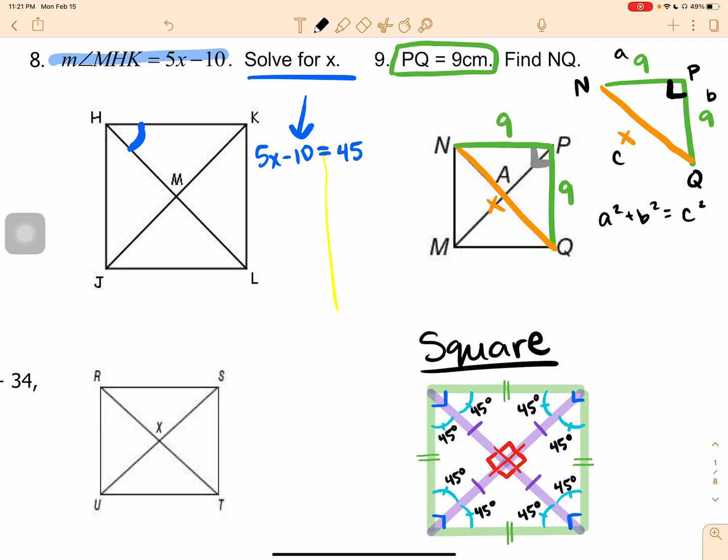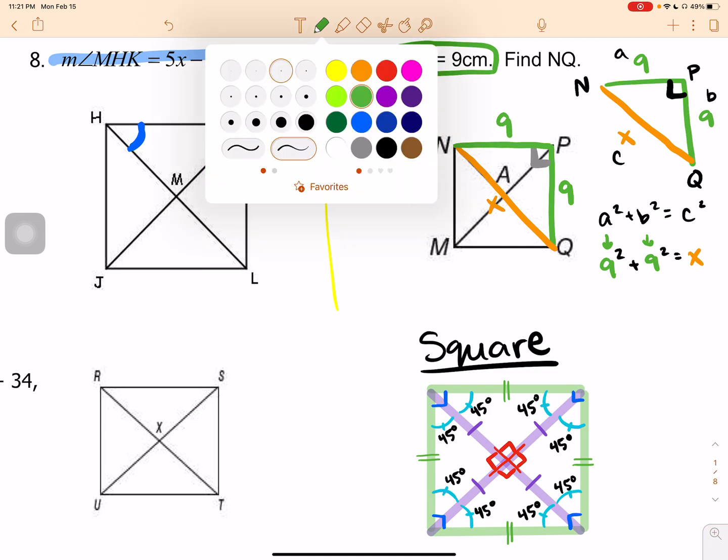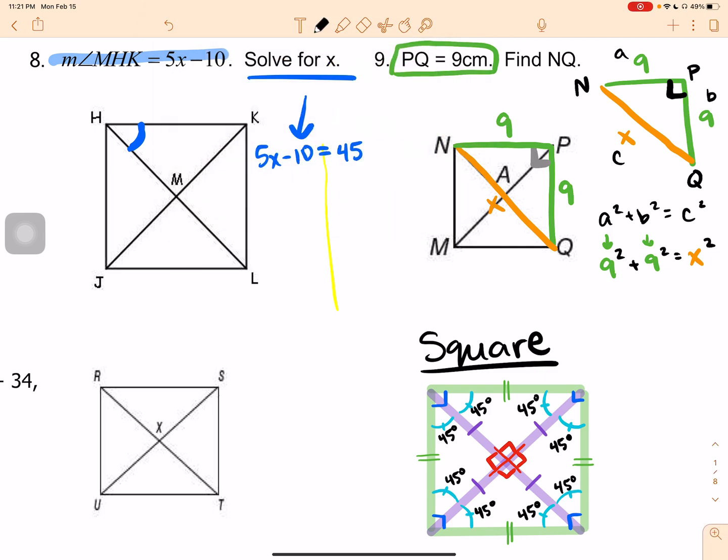So now we can just replace with what we have. We know the A is 9 and the B is 9. Right, so we have 9 squared plus 9 squared equals, and then we'll use x for our missing side here. Okay, so this is 81 plus 81 equals x squared. So this will be 162 equals x squared.